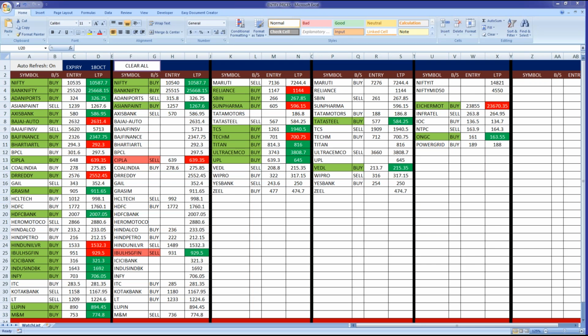So the target for India Bulls could be anywhere nearly at 915. So roughly around 15 rupees downside is a possibility in India Bulls. So this is how we trade.